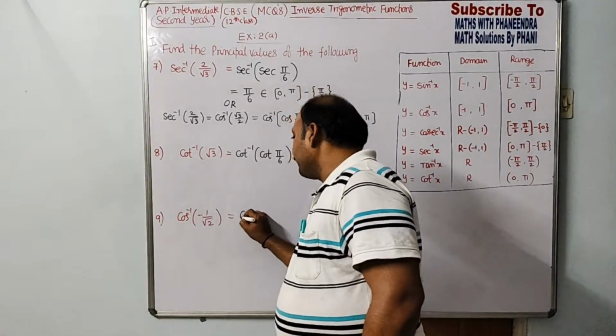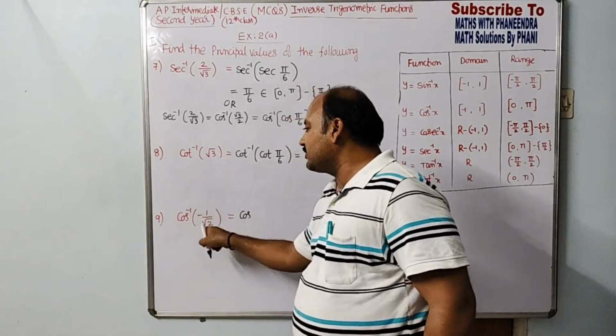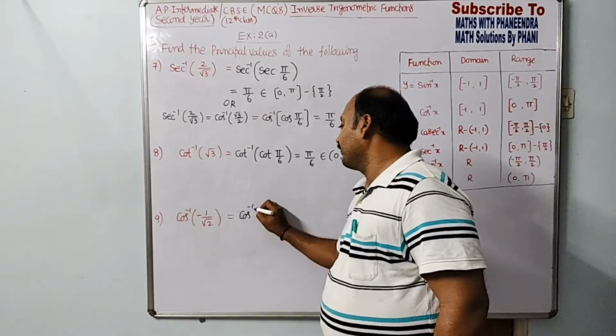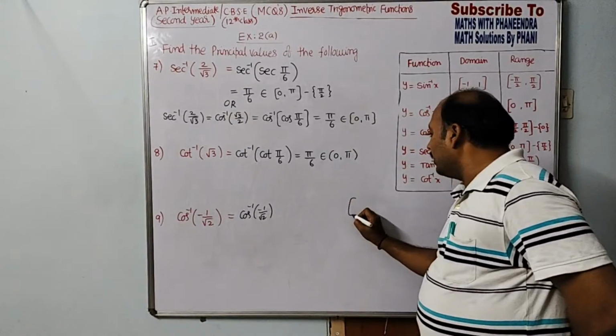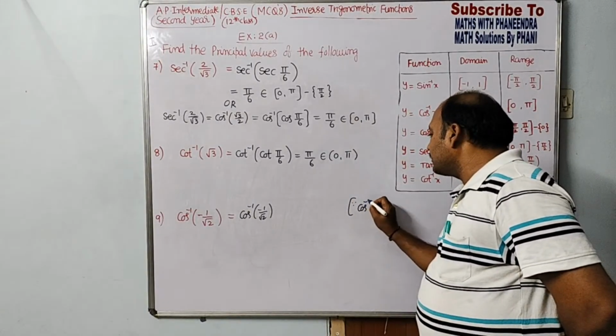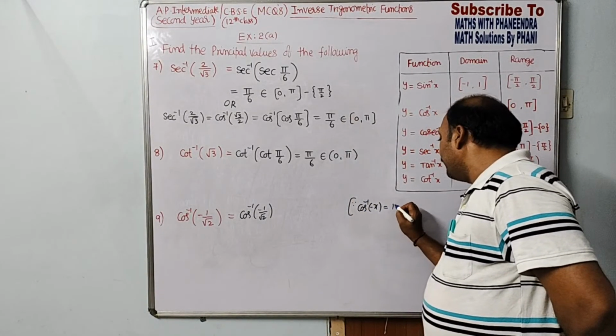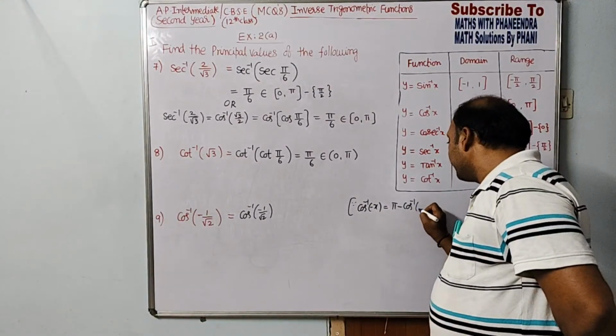Question number 9: cos inverse of minus 1 by root 2. We have already done the formula: cos inverse of minus x is equal to pi minus cos inverse x.